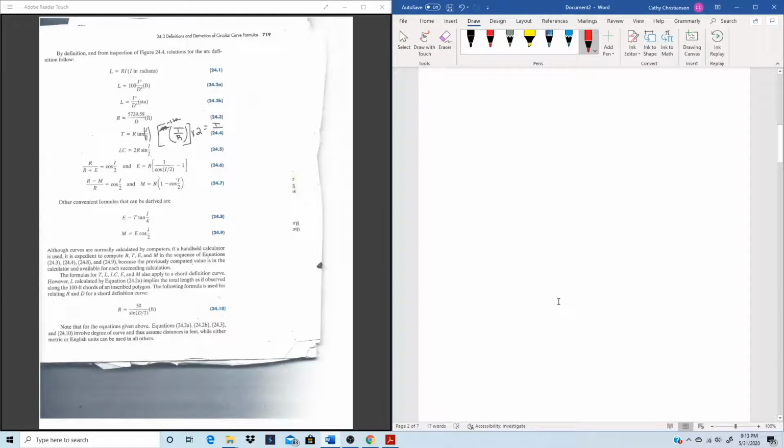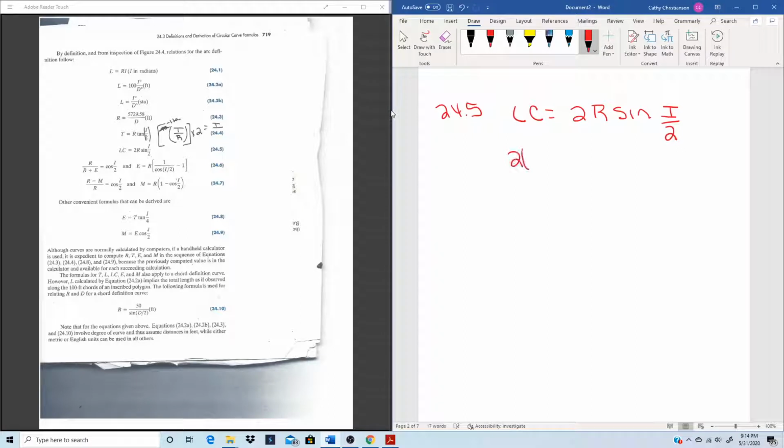Alright, now I need to solve for LC. LC is equation 24(5), and LC equals 2R sine of I over 2.